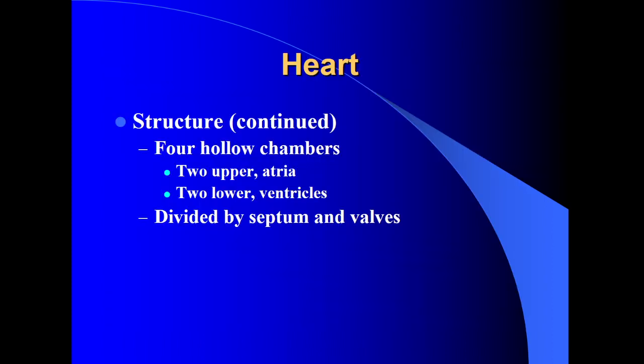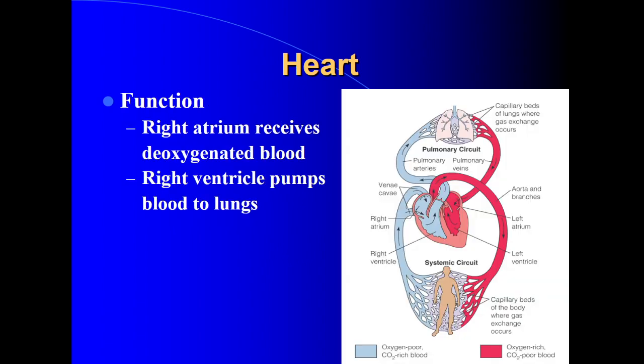Four hollow chambers are present, 2 upper atria and 2 lower ventricles, divided by septum and valves. On this picture you can see the system of blood flow in the heart.